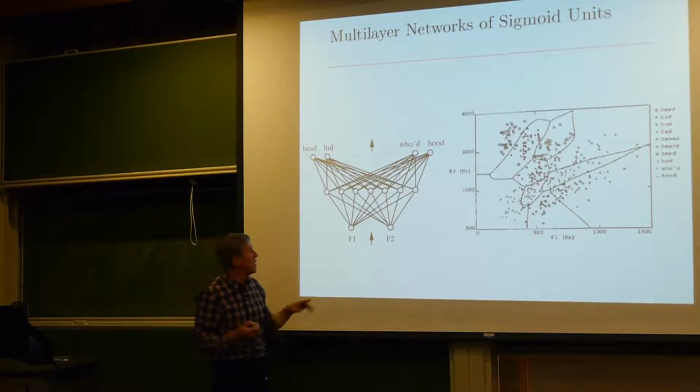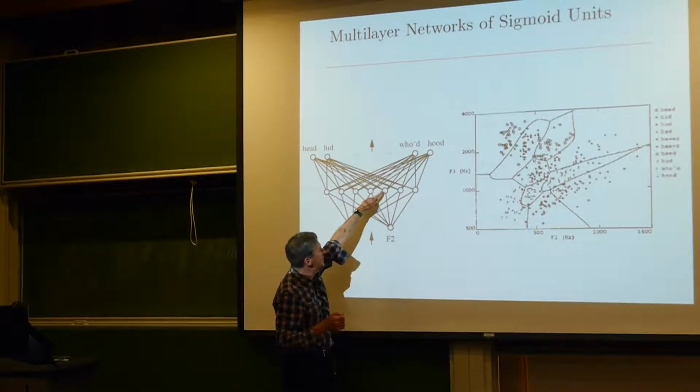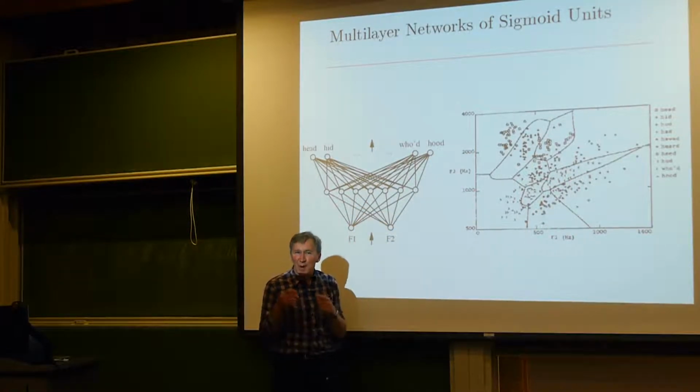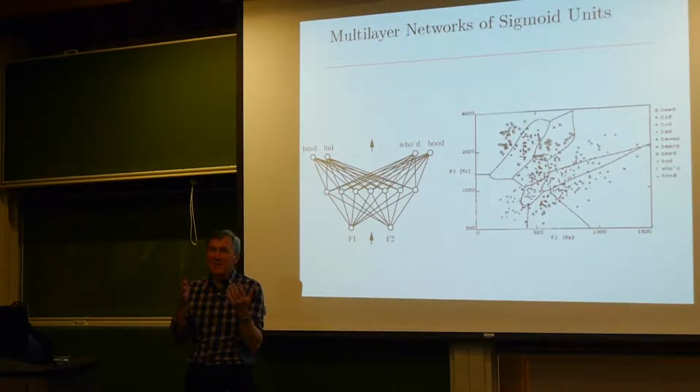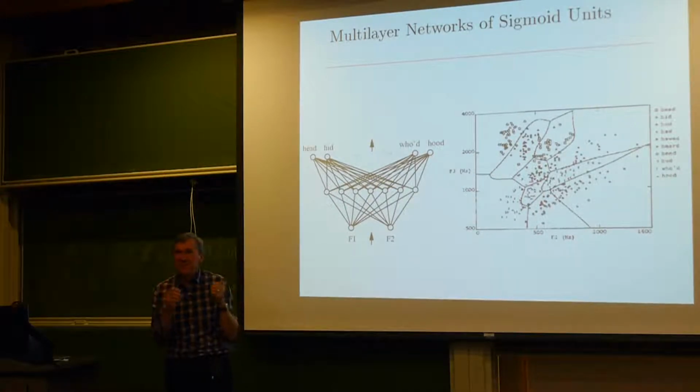People have experimented with things like, well, what if these are linear units instead of logistic units? But if you think it through, linear functions of linear functions are linear functions, so it doesn't really buy you any additional benefit. Okay?